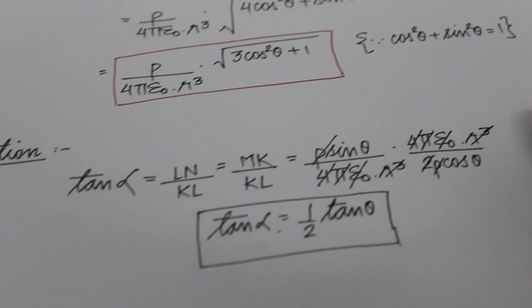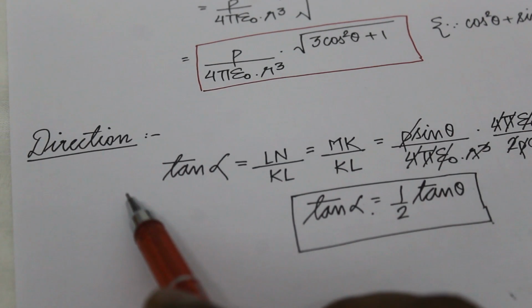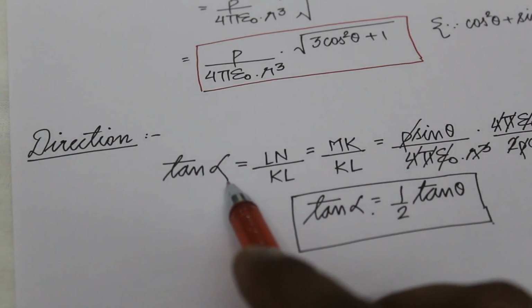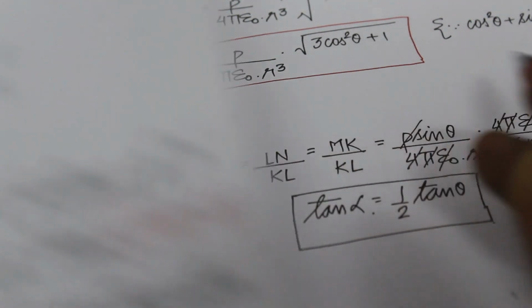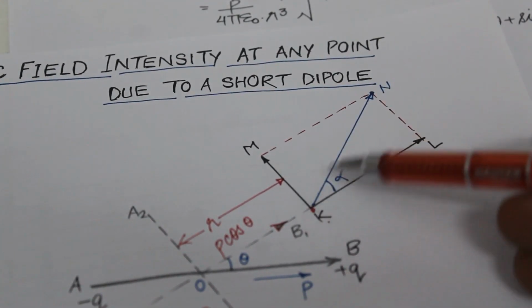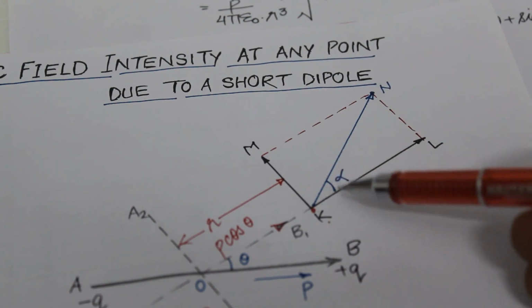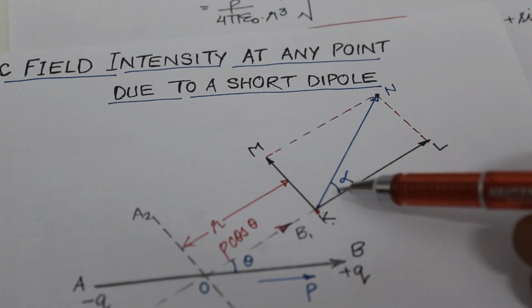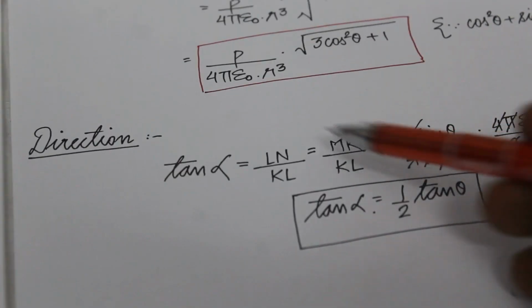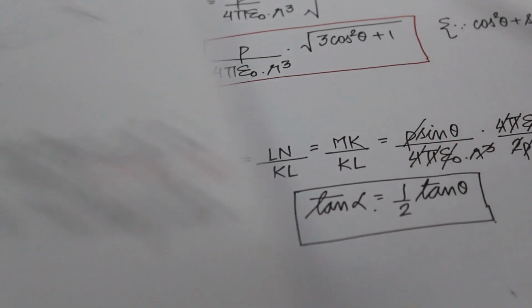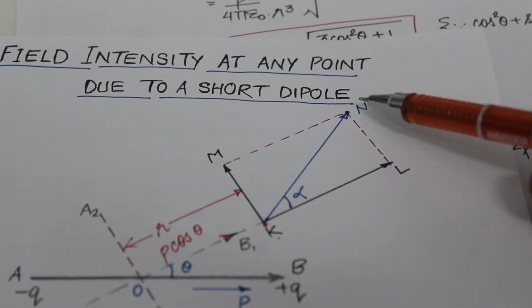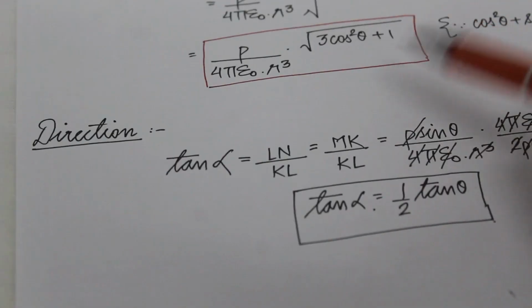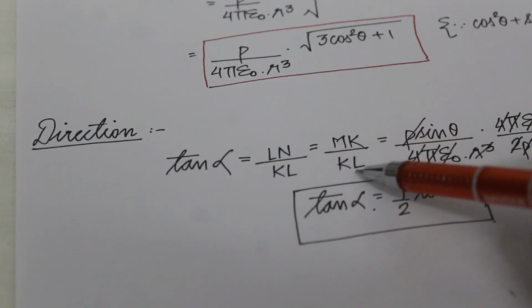This is the formula for finding out electric field intensity at any point due to a short dipole. Now what will be its direction? For direction, we use tan alpha. As I have drawn in the diagram, this is the net electric field KN, and its direction is alpha with KL. So tan alpha will be equal to LN upon KL, and as we know LN is equal to KM, so I have written KM upon KL.